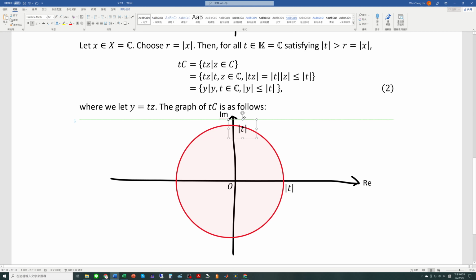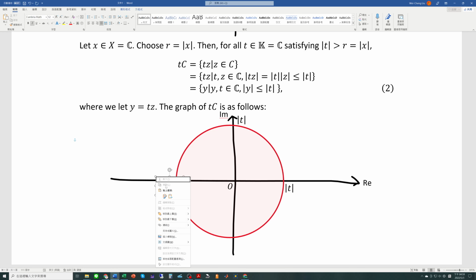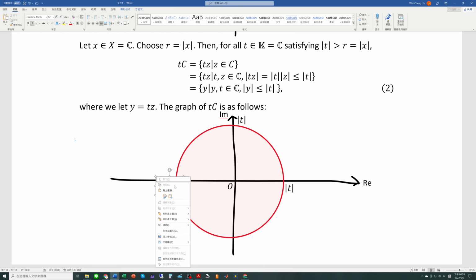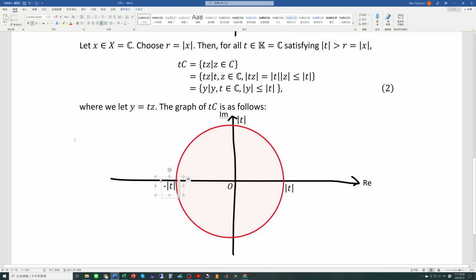And here is another t. Another t here. And here is the minus t. Minus t here. And here is also minus the absolute value of t.